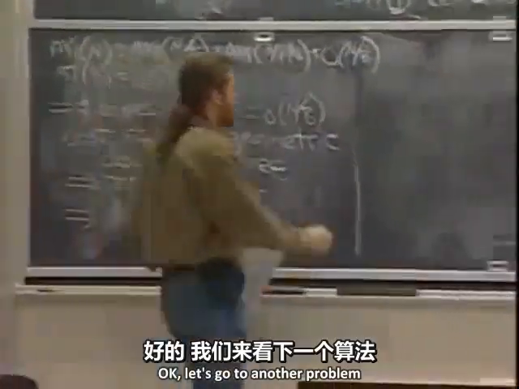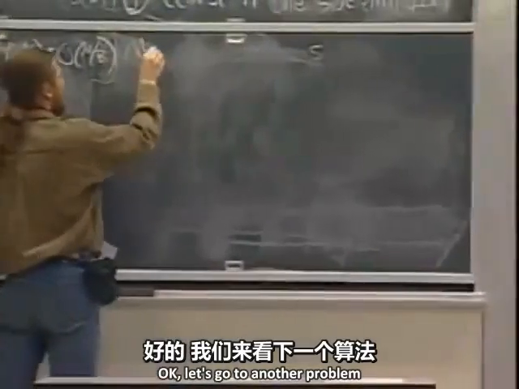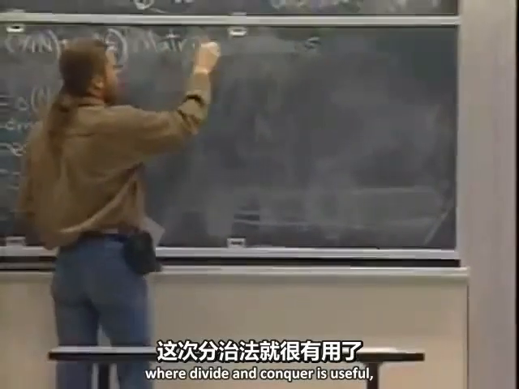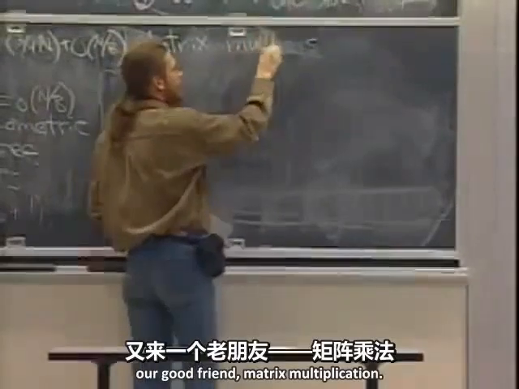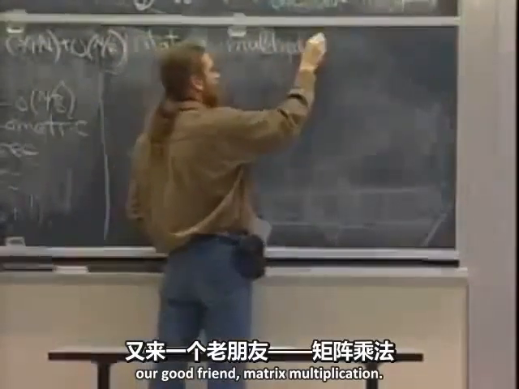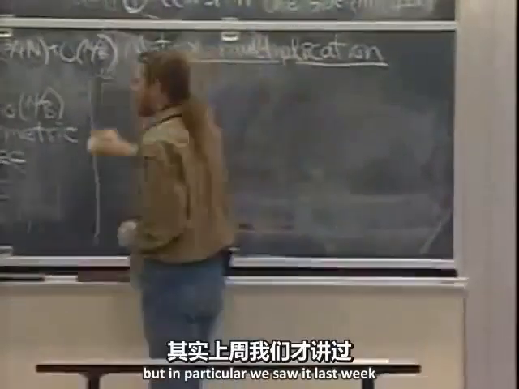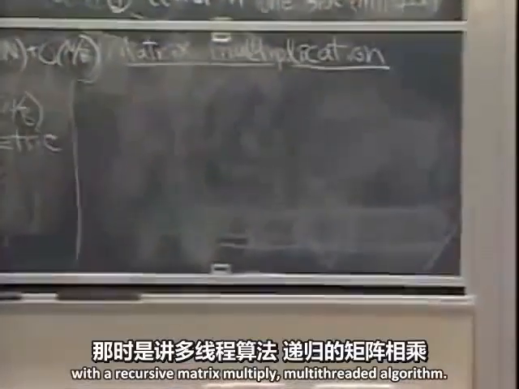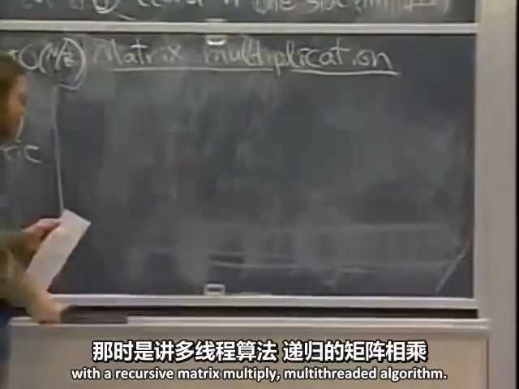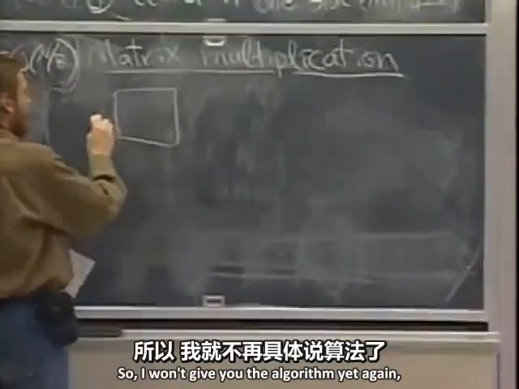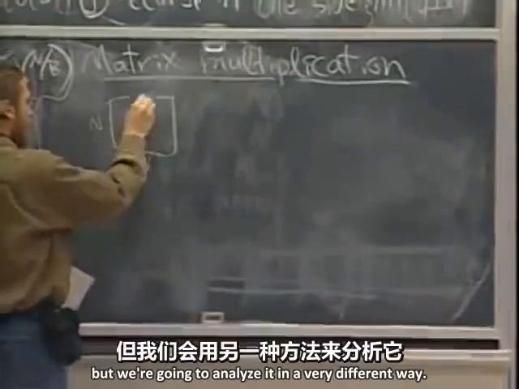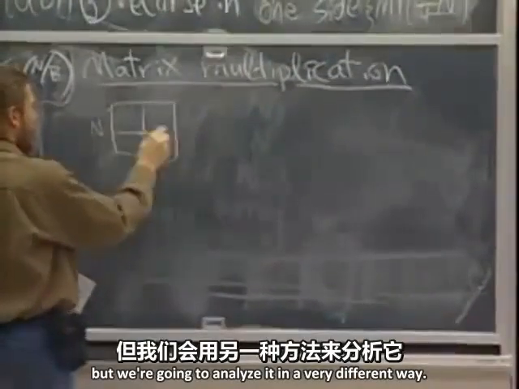Okay? Let's go to another problem where divide and conquer is useful. Our good friend matrix multiplication. I don't know how many times we've seen this in this class, but in particular we saw it last week with a recursive matrix multiply multi-threaded algorithm. So I won't give you the algorithm yet again, but we're going to analyze it in a very different way.